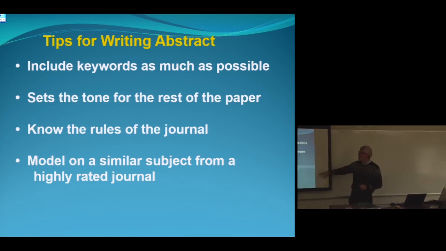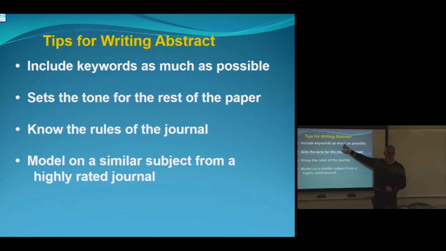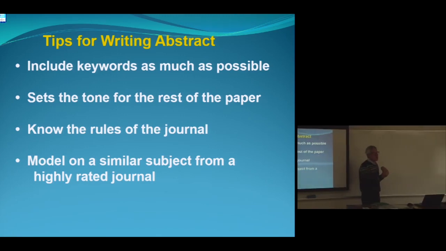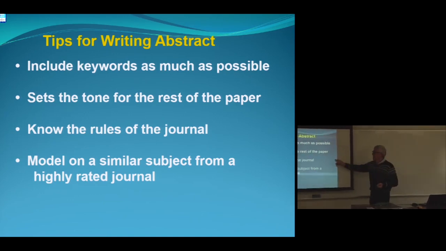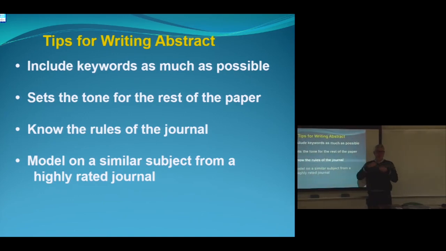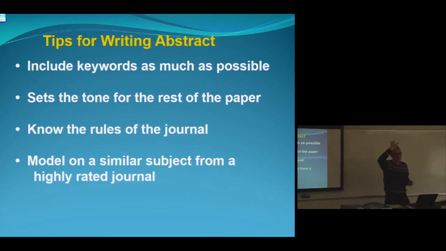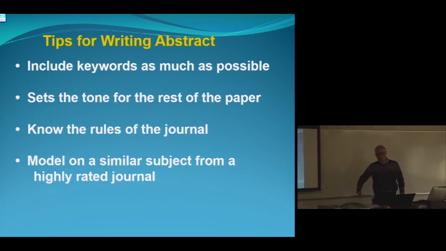So you want to make sure that when people search for your research, you have used keywords that they will be using, and that when they do that search, your paper will come up towards the top of the list rather than hidden down at 2,552.